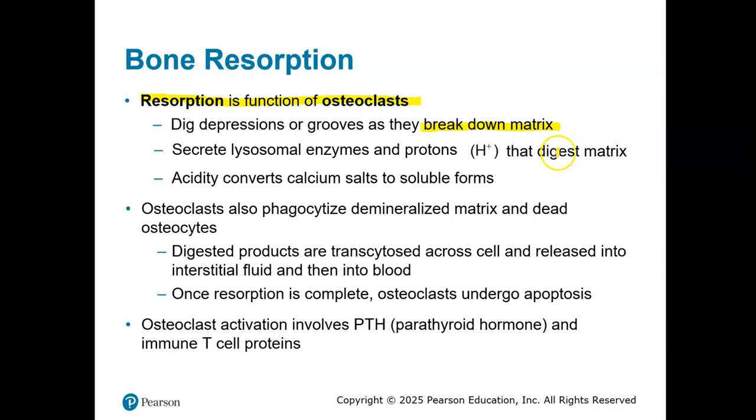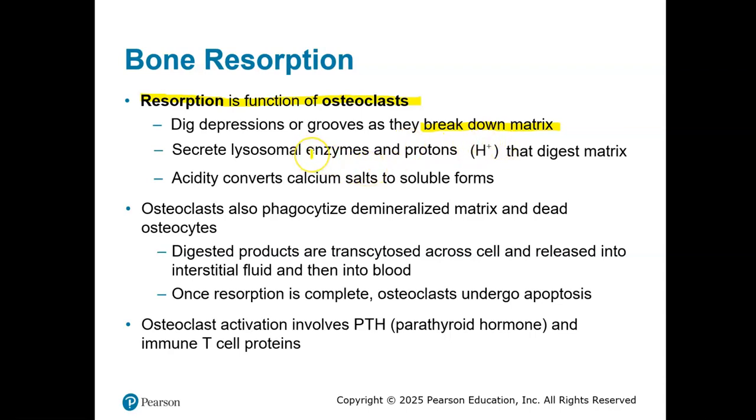And together, that functions similar to how protein breakdown occurs in the stomach, because you have hydrogen ions released, which increases the stomach acid level, and it lowers the pH. And then enzymes are released that break down the proteins that we eat. So this is very similar to what happens in the stomach to the food that we eat that is protein anyway.